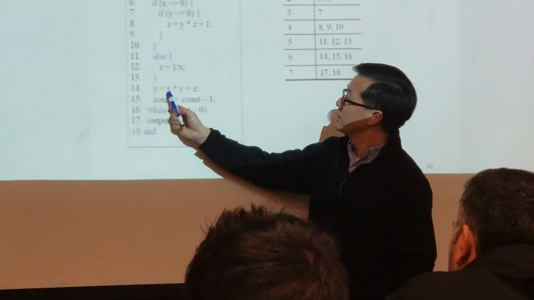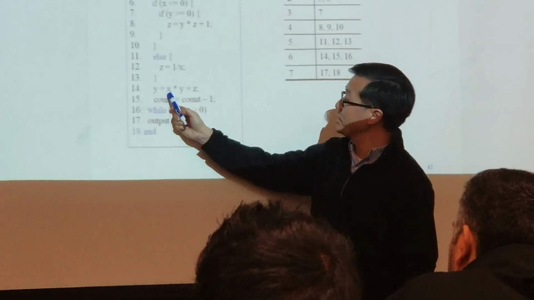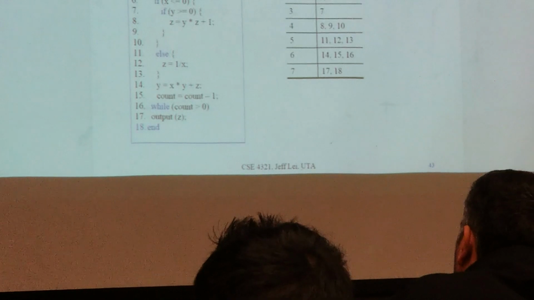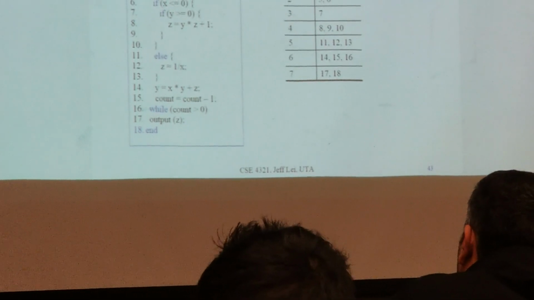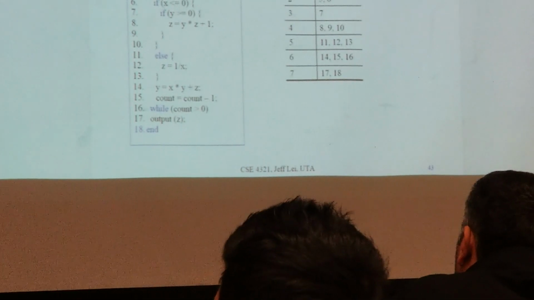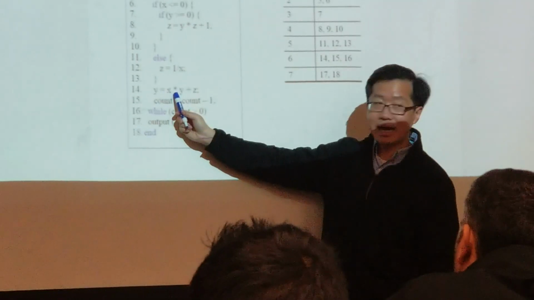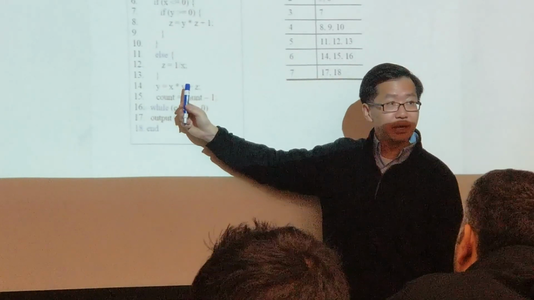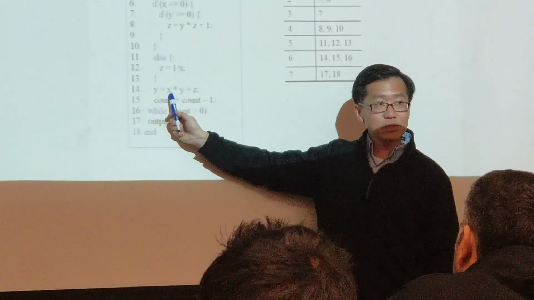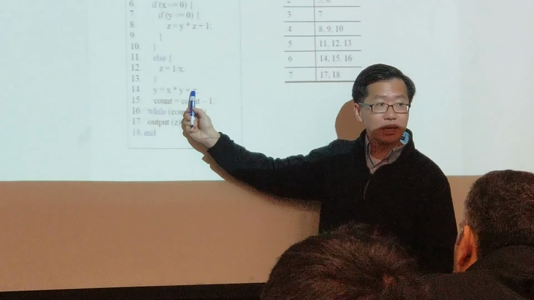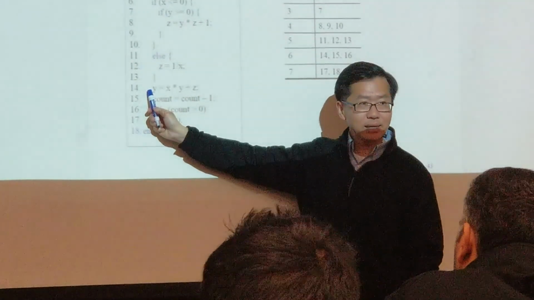Did I make any mistake? This is the test case we're trying to run, right? The correct program should be X plus 1, so -1 plus 1 plus 1, Z is also 1, so it's going to be 1.